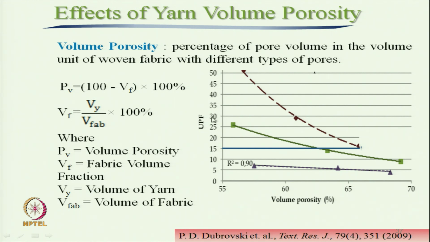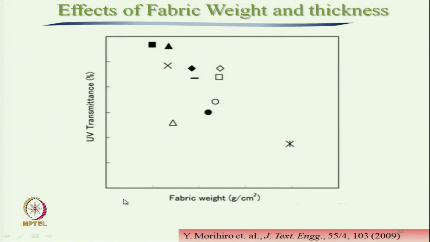For all the fabrics we get a similar trend. Fabric mass per unit area, if we increase the mass per unit area, the UV transmittance, whatever ultraviolet ray transmission through the fabric takes place, it reduces, that means UPF increases.